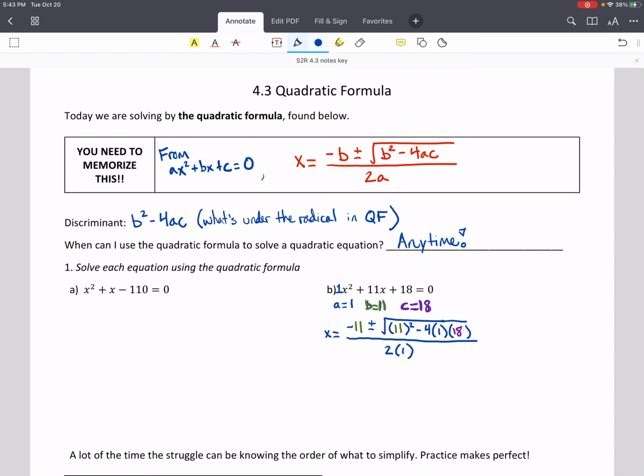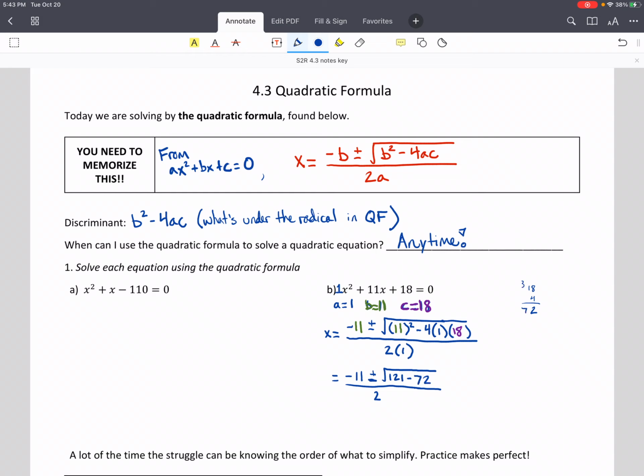And so now this is just a game of simplification from here. Let's start with what I know. 2 times 1 is 2, so I feel pretty good about that one. The square root, 11 squared is 121, and 4 times 18. If I had my calculator, I would do that, but I'm too lazy to grab it, if we're being honest.